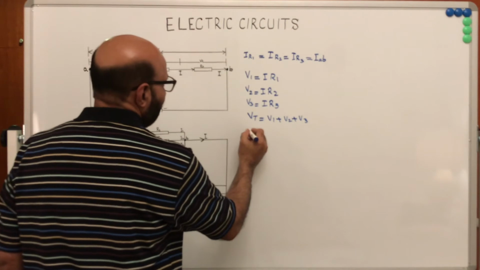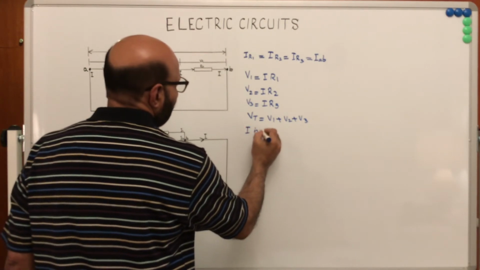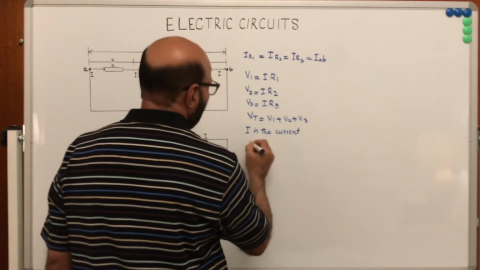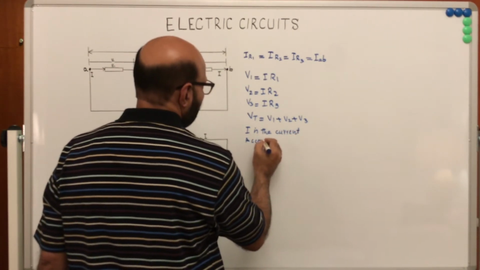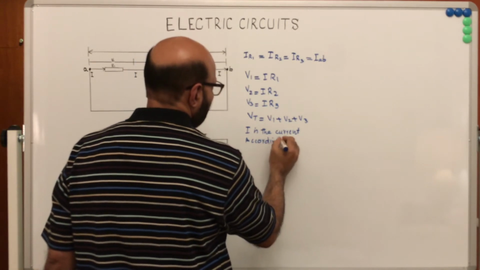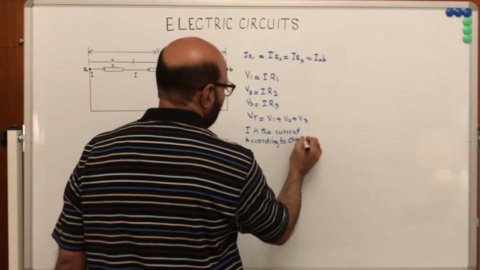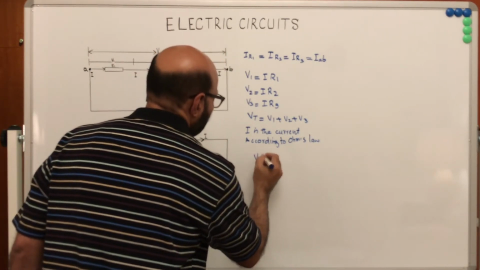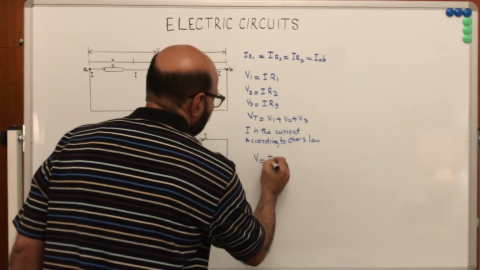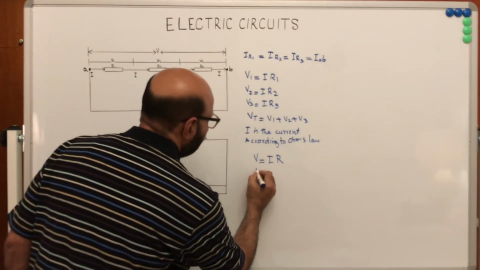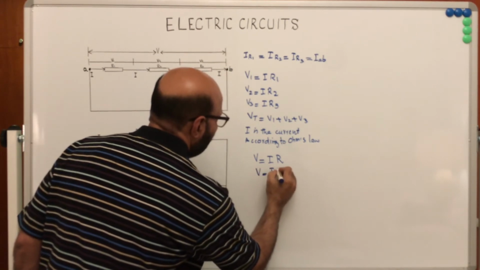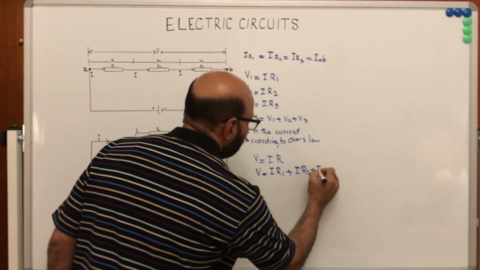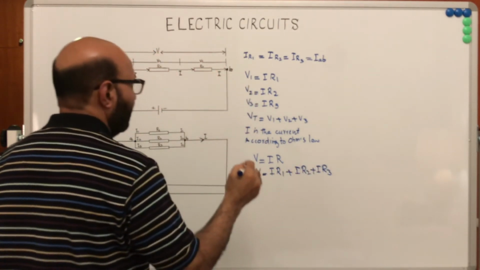If I is the amount of current, then according to Ohm's law, V is equal to IR. V is equal to IR1 plus IR2 plus IR3.